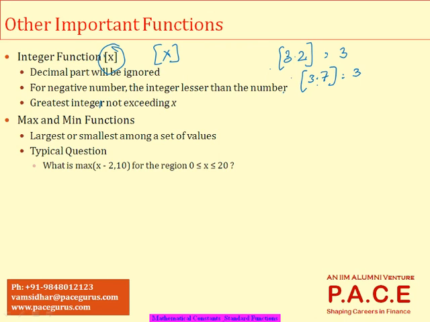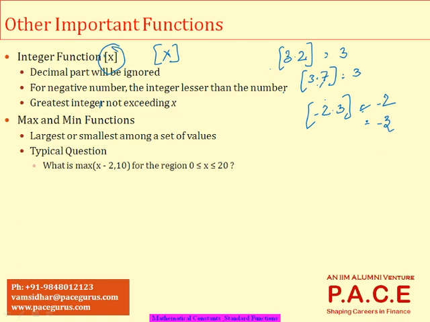Then how about minus 2.3? Don't get confused here. This is not minus 2, the reason being minus 2 is greater than minus 2.3. I'm defining that the integer value is always the one on the lesser side. So for negative numbers, please be careful: this is minus 3, always on the lower side.